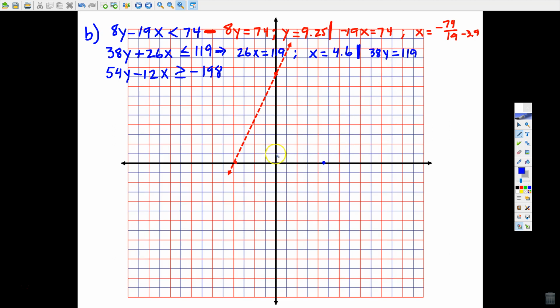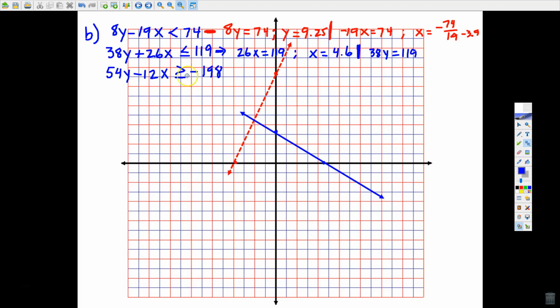So on the y-axis, just a little bit above 3. And just take your ruler. This is going to be a solid line. And let's do our best to line those points up. Looks pretty good, I guess.